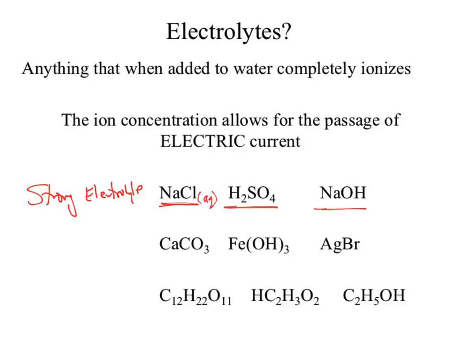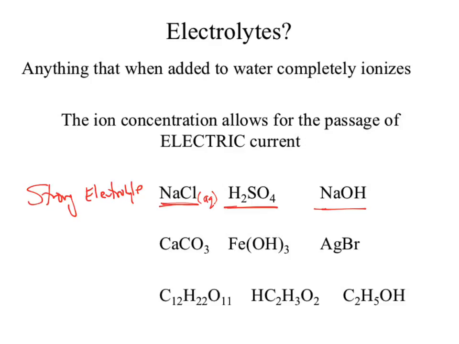Where's that suffix coming from? Our solubility rules, and how do we know it's AQ? Solubility rule number 1, anything with a group 1 metal, like sodium, is soluble in water. Okay. Calcium carbonate, iron 3 hydroxide, and silver bromide.